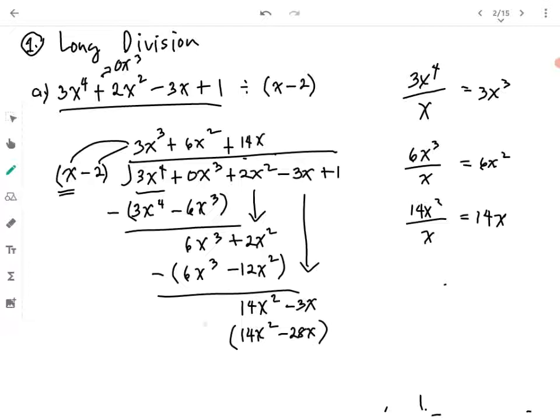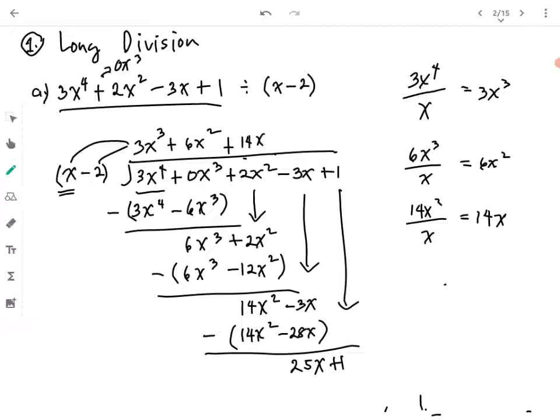Subtracting that, the 14x squared minus 14x squared becomes 0. Then negative 3x minus negative 28x, the minus negative becomes positive, so that is negative 3x plus 28x, which is positive 25x. Bringing down the last one, plus 1.